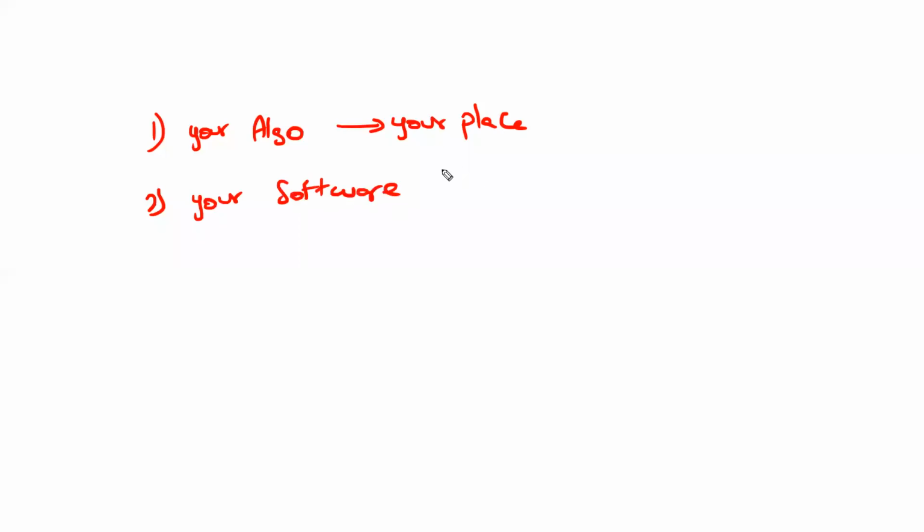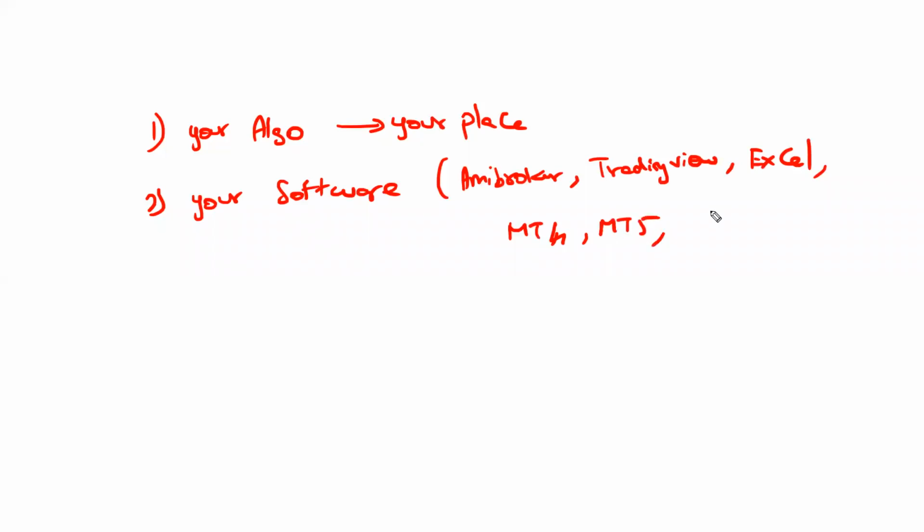The software can be like AmiBroker, or TradingView, or Excel, or MT4 or MT5, or Python. You choose which software you want to use. You choose which data you want to use.